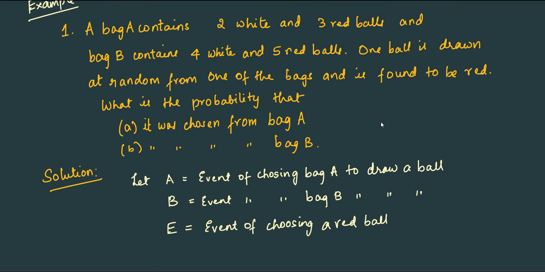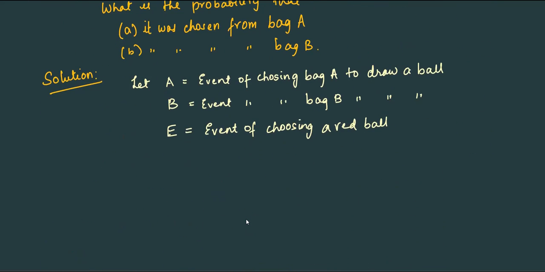Now event E is following either A or B. And if event E has occurred, it means that A or B must have occurred. So we have to apply the total probability theorem.